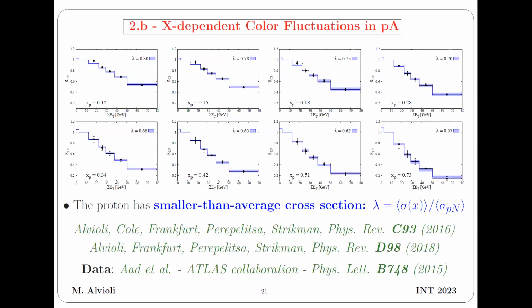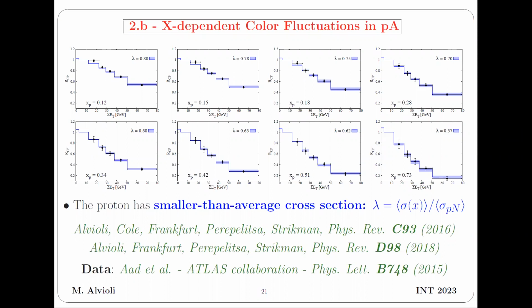We have tested a couple of applications of color fluctuations and this particular geometry for the determination of a hard scattering point against ATLAS data a few years ago.